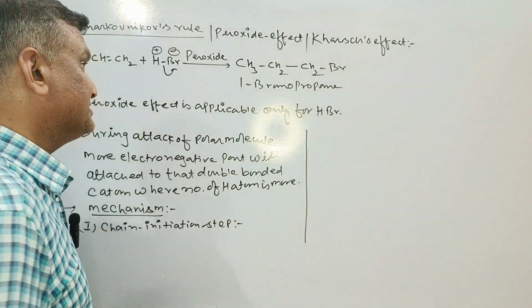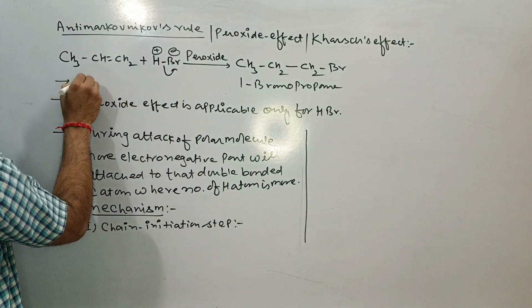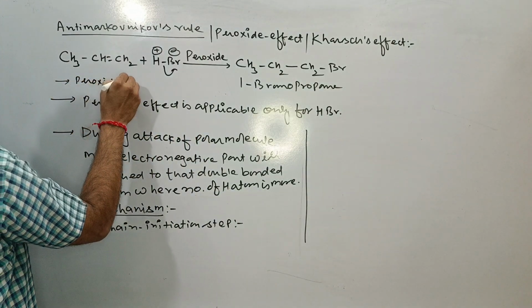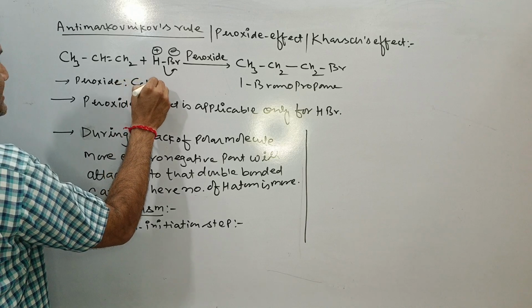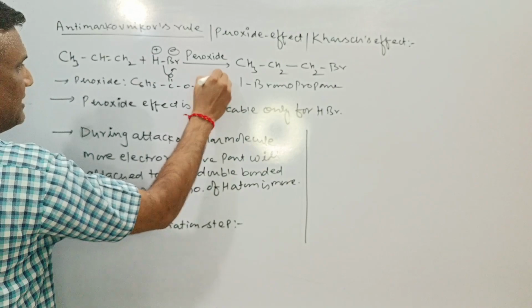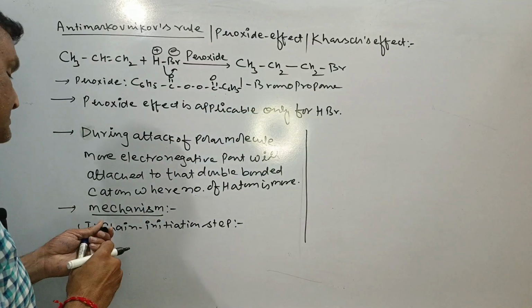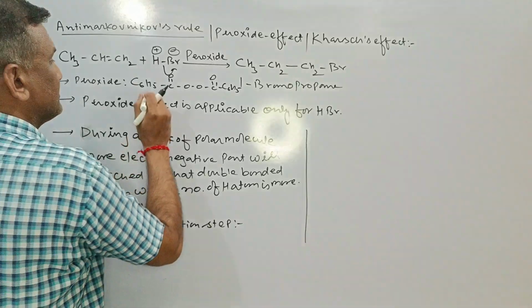If we go with the chain initiation step, then as a peroxide we can use benzoyl peroxide, C6H5COO-OCOC6H5. This is a very important kind of peroxide.